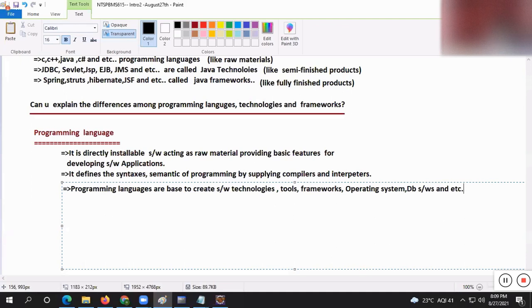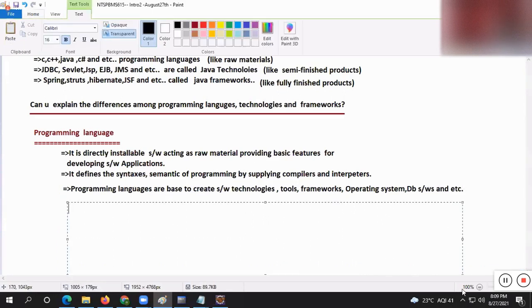Come on, guys. JDBC, Servlet, all these are created using Java language. Spring, Hibernate, all these are created using various technologies of Java. So directly or indirectly, everything in the software world is created with the support of one or other programming language. Everyone getting my point there or not?